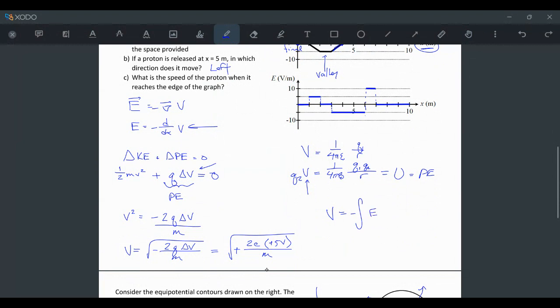So it's, technically, we're going to do this properly, vector E dotted with dx, the amount that you move. It's kind of like taking the area under the curve when you have an acceleration curve and want to know how much your velocity changed. Same idea.